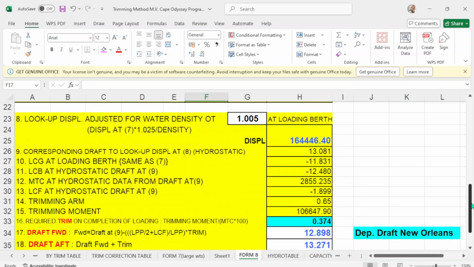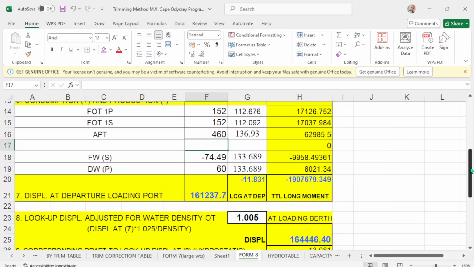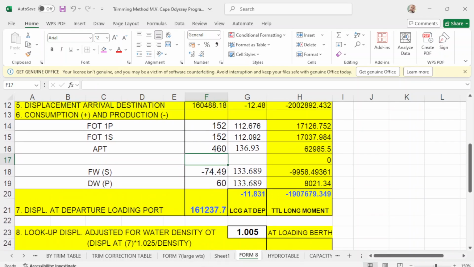That will be 37. Okay, so what you do, you have a consumption of fuel tank number 1, port and starboard, which is this one, and in the after peak tank you take out your ballast of 460. Okay?